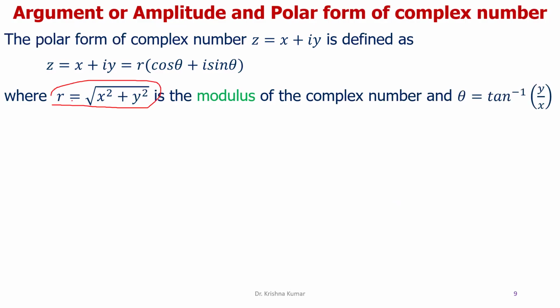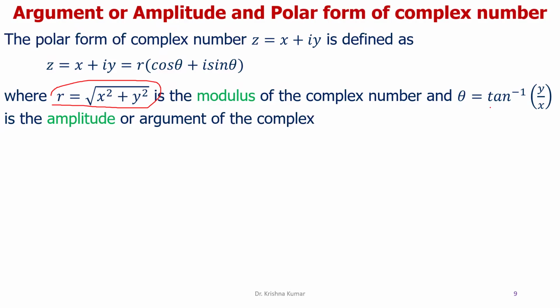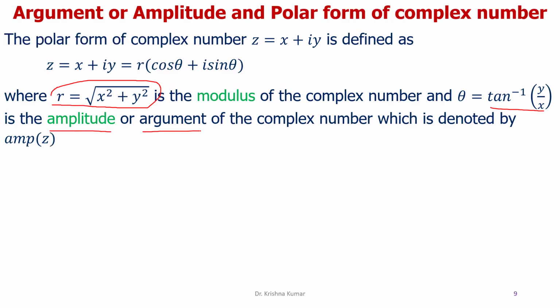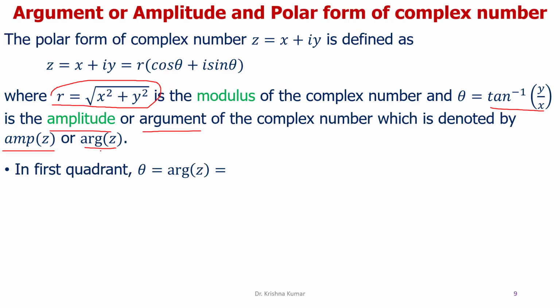This is nothing but the modulus of a complex number, and theta is equal to tan inverse of y by x, the amplitude or argument of the complex number, which is denoted by AMP of z or ARG of z. In first quadrant, theta is equal to argument of z, which is given by tan inverse of y by x.